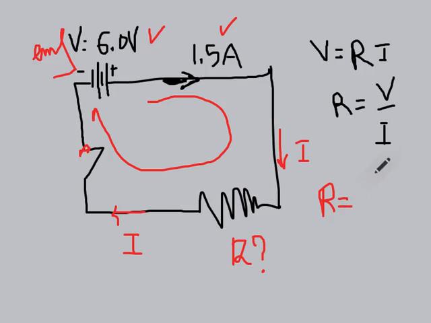R is in this case the voltage, 6.0 volts, divided by 1.5, which is the electric current value in amperes. When you do the calculation, we end up with 4. Keeping two significant figures, this would be 4.0 ohms.